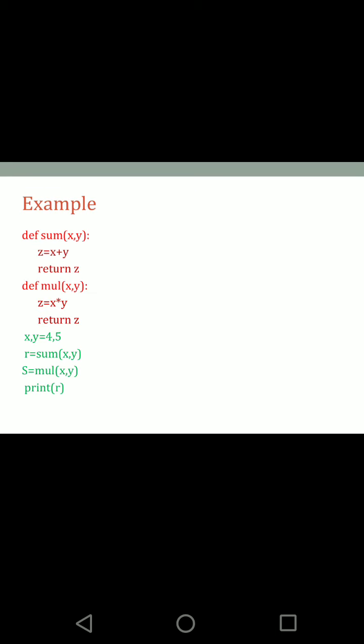Here there are two functions, function sum and function mul, and you can see in green where the real statements start. x, y is equal to 4, 5, r is equal to sum of x, y, s is equal to mul of x, y, and print r. So what is given here is the main program. The main program starts from x, y is equal to 4, 5.